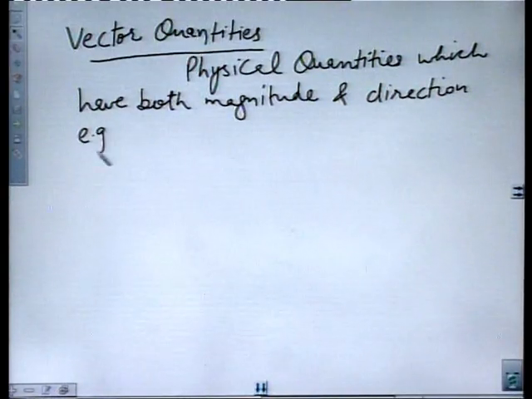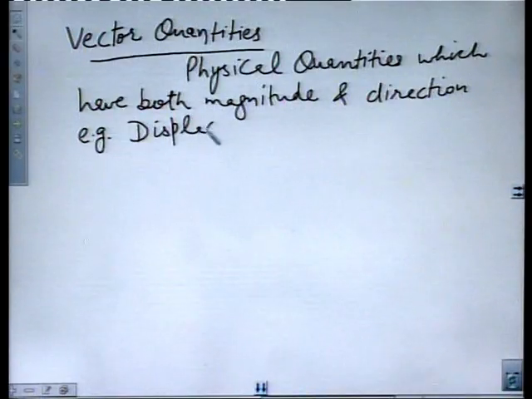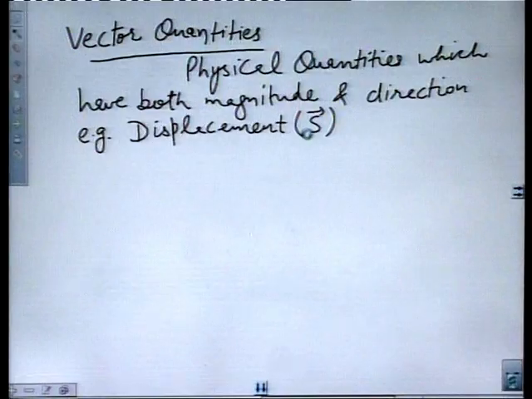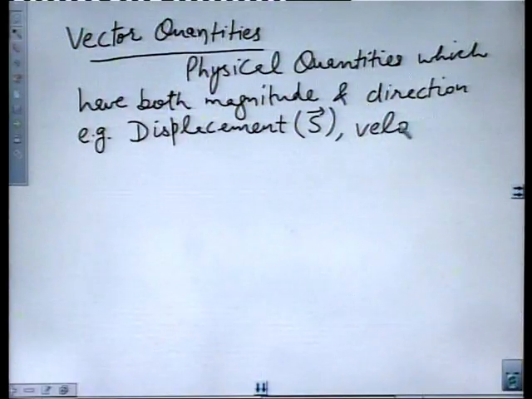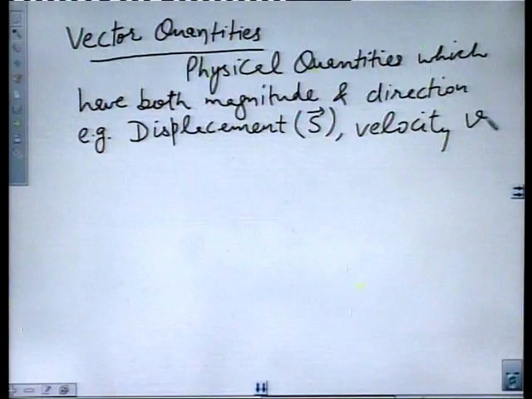For example, displacement is denoted by S vector. Remember that all the vector quantities are represented by a symbol and an arrowhead. The second example is velocity. Velocity is denoted by V and arrowhead.